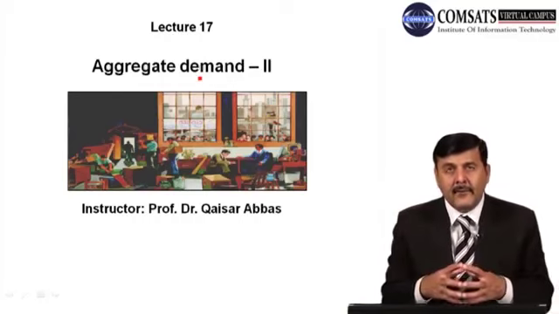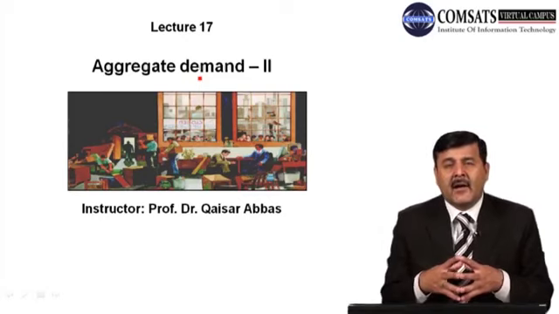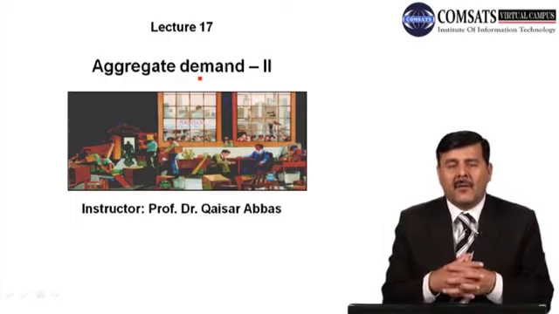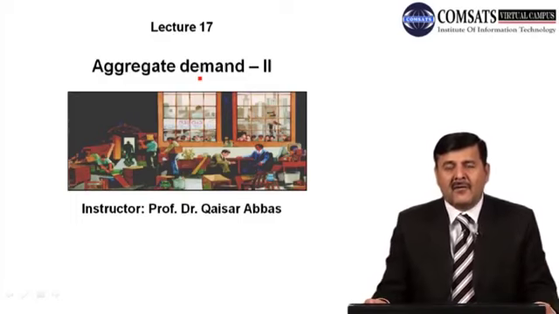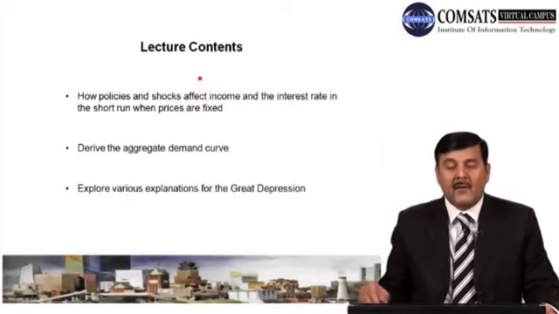And then we observed the changes in the macroeconomic variables by changing the monetary and fiscal policy tools and interacted them in the same diagram. Now we'll come to the second part of aggregate demand.